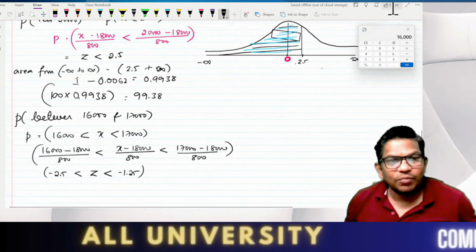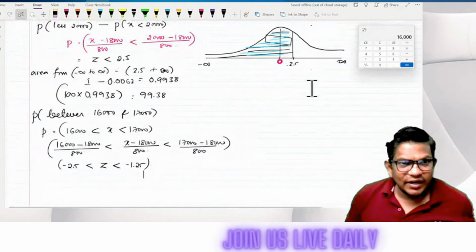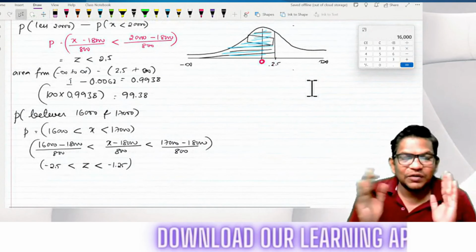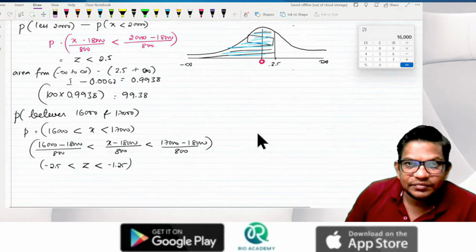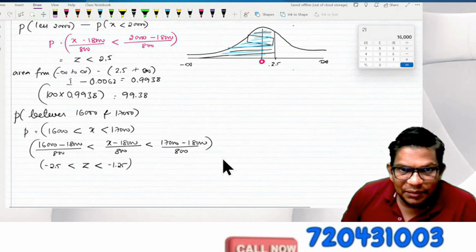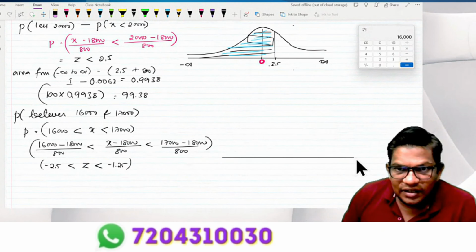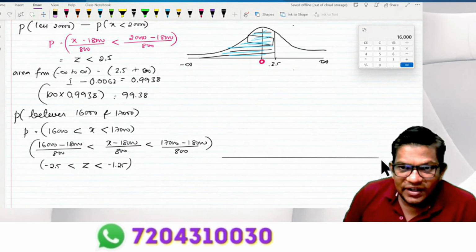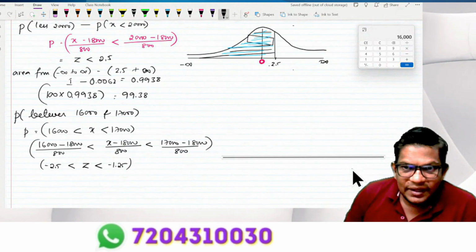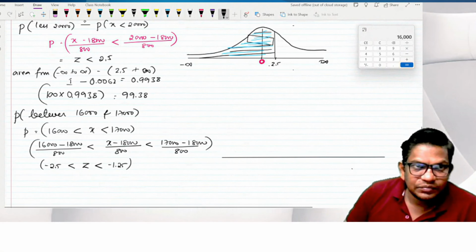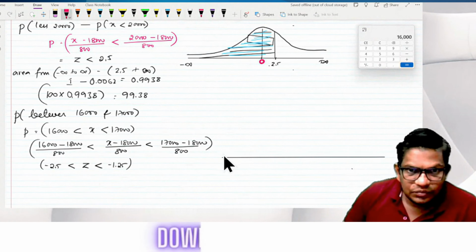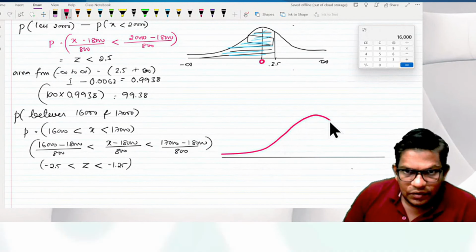Now, my dear student, you know how to draw this diagram because it's between. It has a limited area, right? It is neither on the minus infinity side nor the positive infinity side. It's in between. Correct? Draw this.